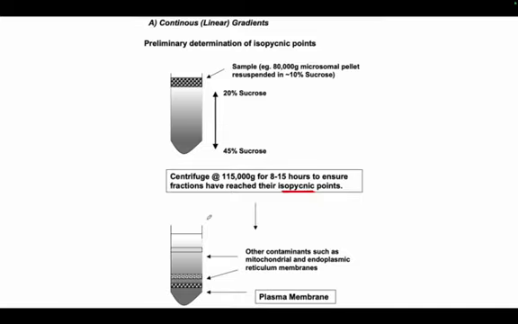So here you can see this sample, which is cell homogenate, has been separated into a plasma membrane pellet, and then we can have different membrane fractions, mitochondrial membrane, endoplasmic membrane, and so on. So here you can see we are able to separate this mixture into different fractions depending on the density.